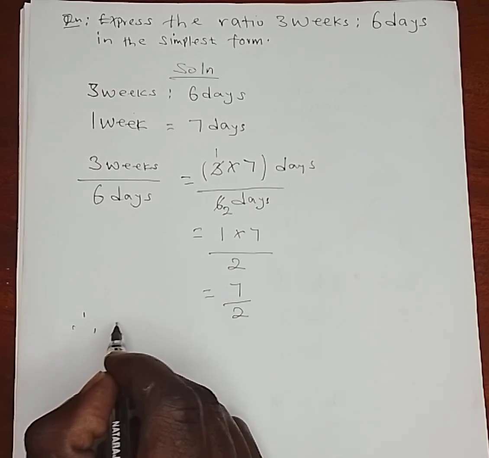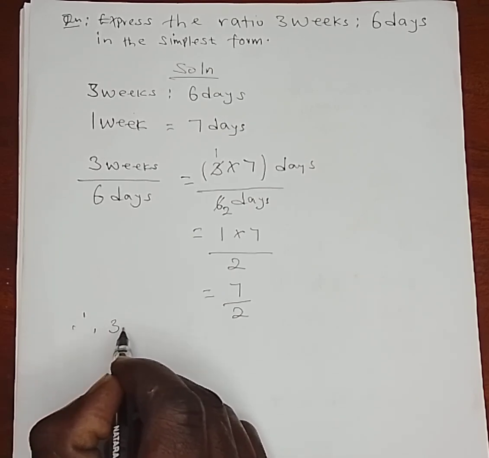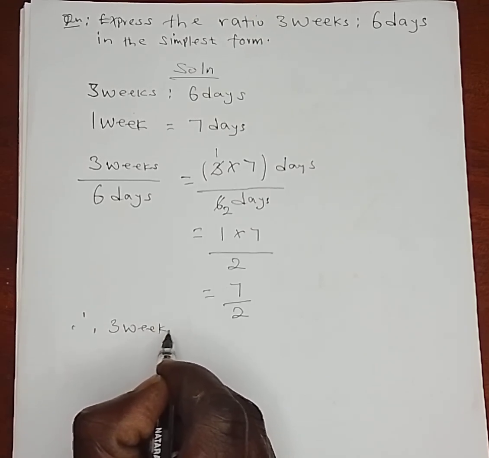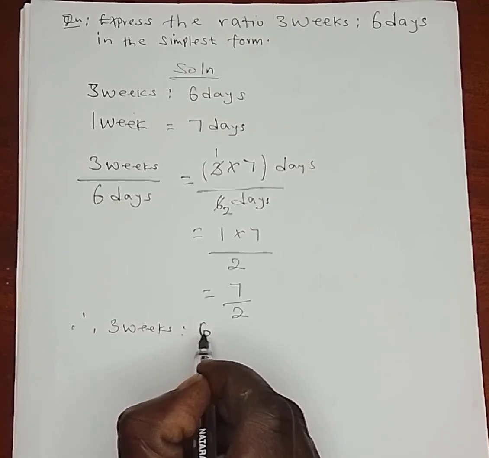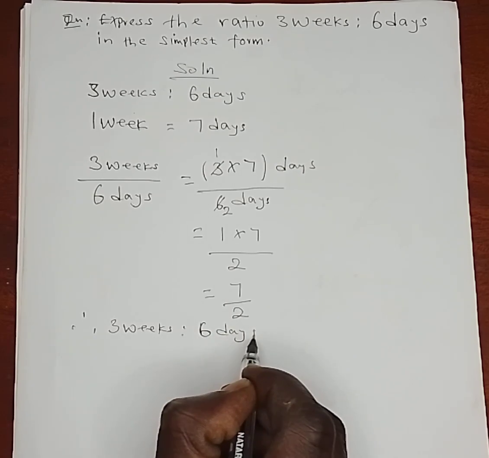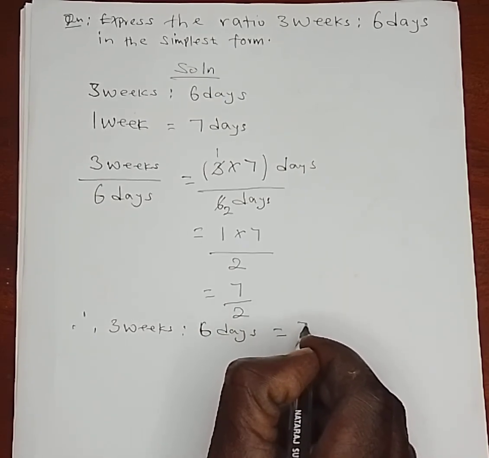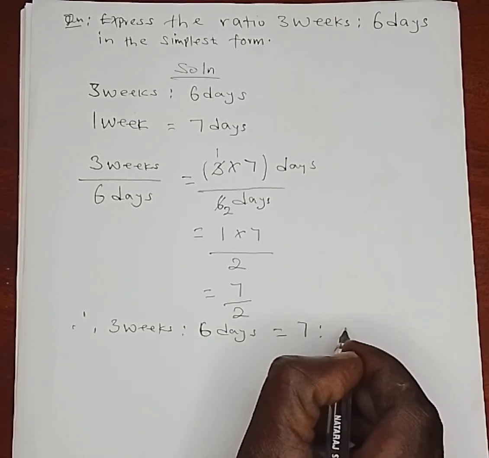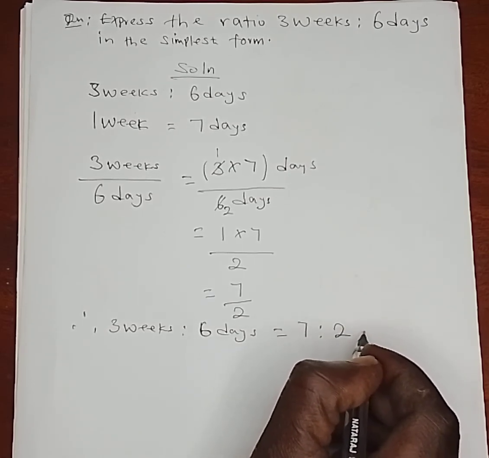So now you get your 3 weeks. 3 weeks to 6 days will now give us our answer to be 7 to 2, in the simplest days.